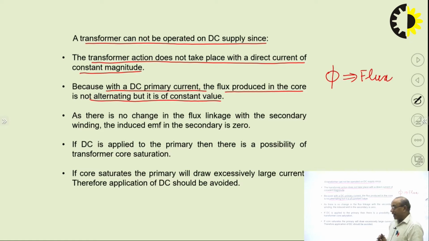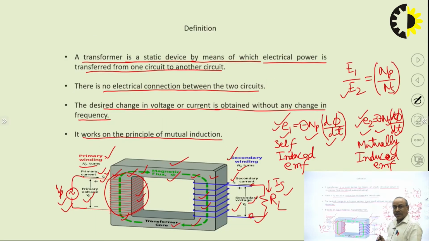If we are connecting AC supply on the primary side, the current passing in the primary is also AC current. So, the magnetic field and the magnetic flux developed around the primary winding is time varying flux, d phi by dt.